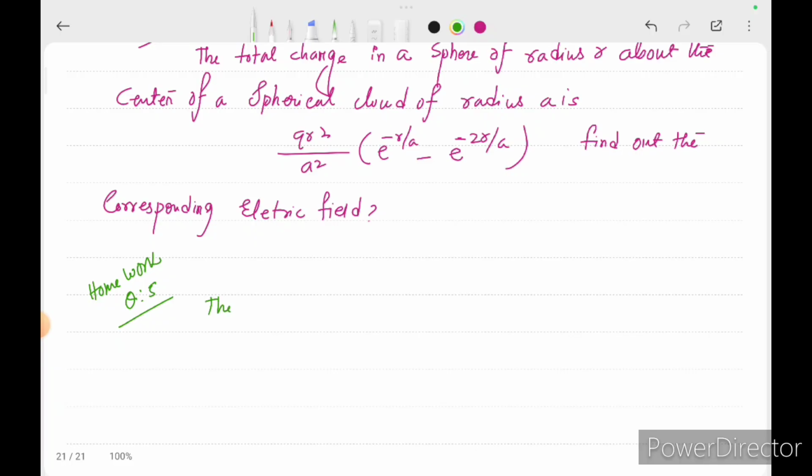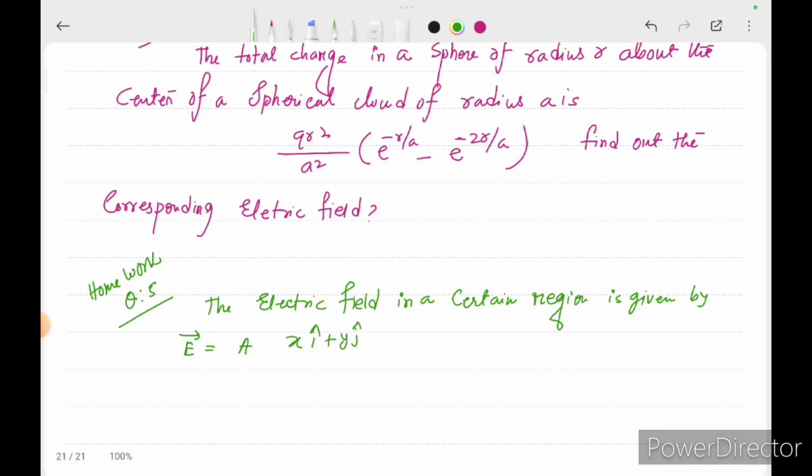The electric field in a certain region is given by E vector equals to a (x i cap plus y j cap) upon (x square plus y square).